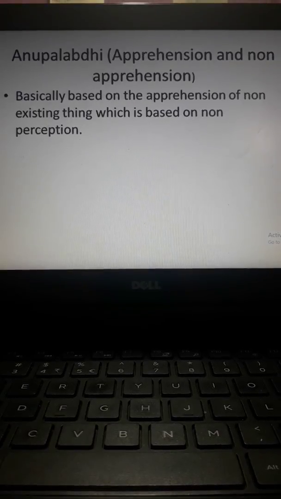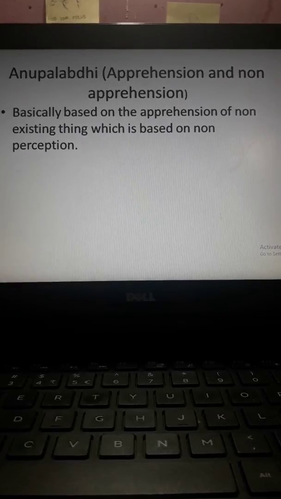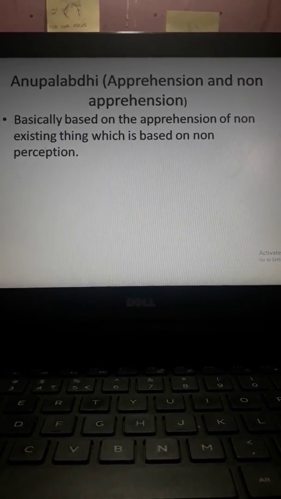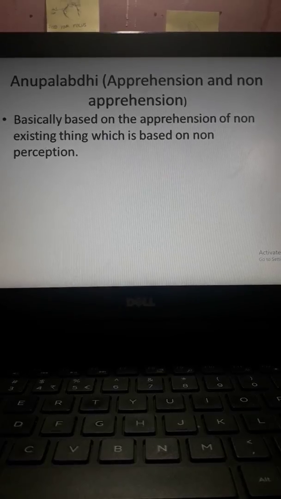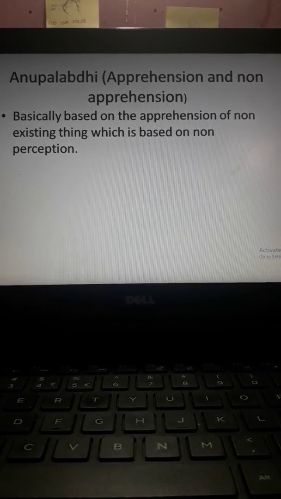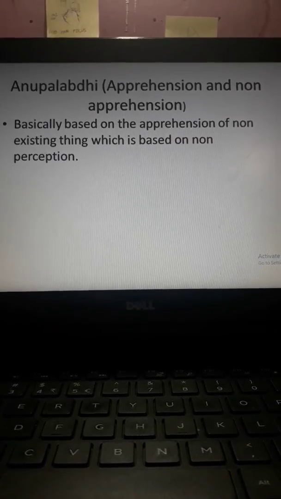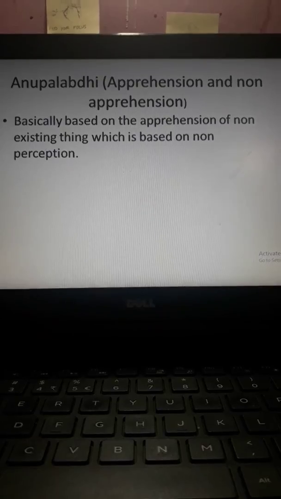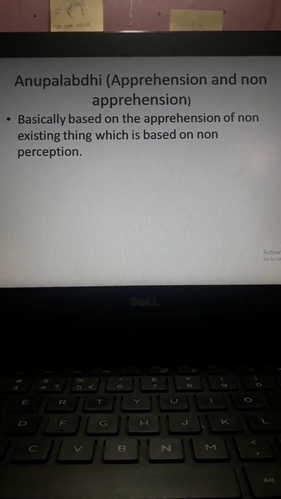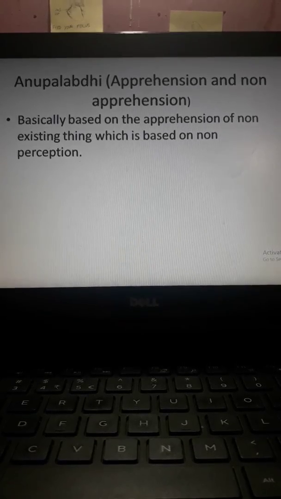In the next one, we have the anupalabdhi, apprehension and non-apprehension. This is based on apprehension of a non-existing thing, which is based on non-perception. For example, the existence of God and how it looks is a non-perception thing, because people cannot see or feel it, but they make an apprehension out of the non-existing thing.